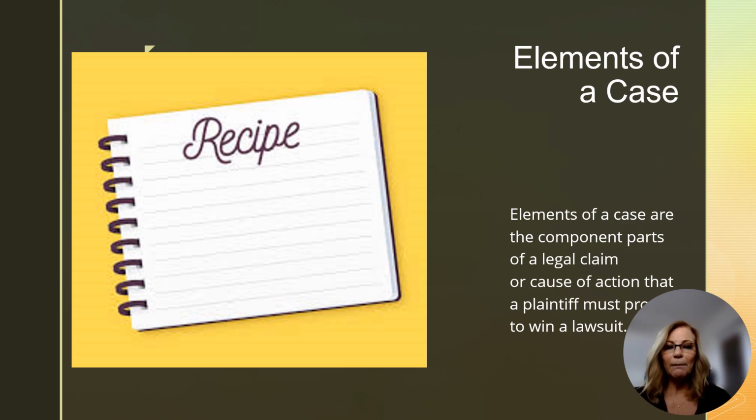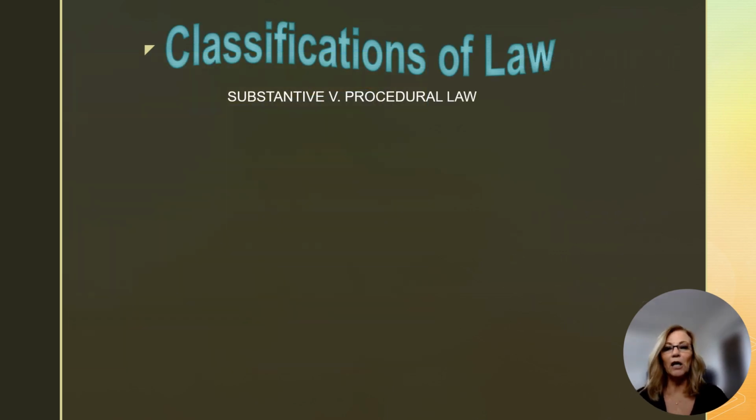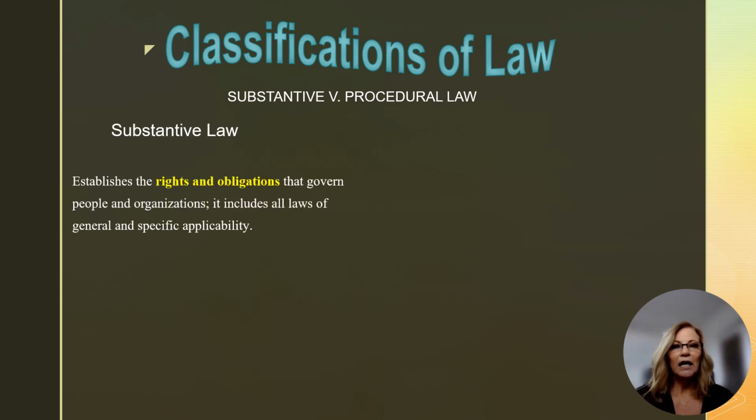And so let's talk about classifications of law and how we can classify the law. One way is we talk about law as substantive versus procedural law, okay? And all laws are either substantive or procedural. Substantive law says these are the rights and obligations.